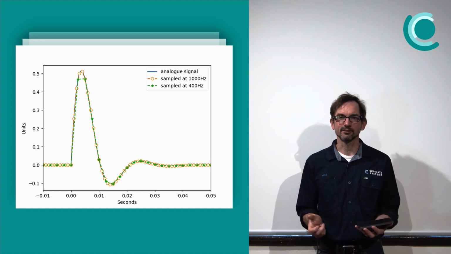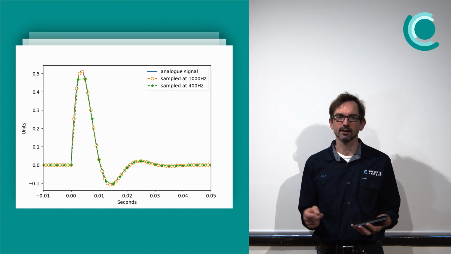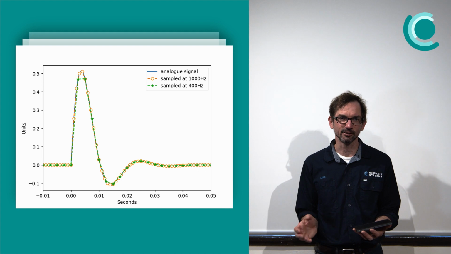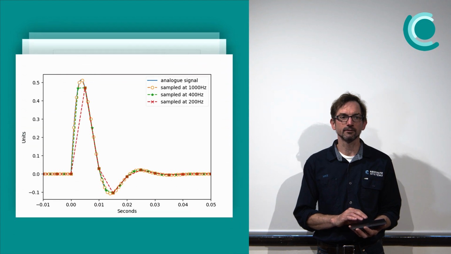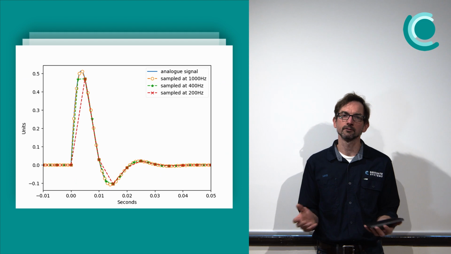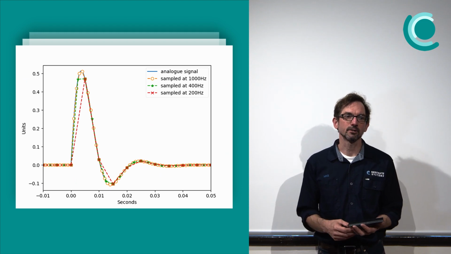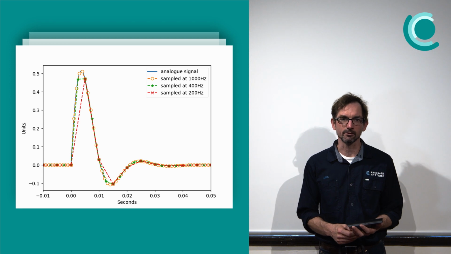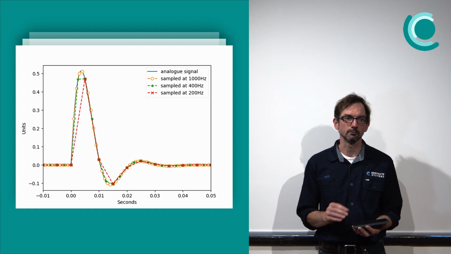Now, the way I've created these signals, we happen to have samples landing exactly on the zero crossings, but that wouldn't always be the case. So then let's go further. Let's go down to, say, 250 Hertz, which, if you were sampling a 50 Hertz sine wave, would be heaps of bandwidth, right? But in this case, we've now got 3 samples in that first peak, and we don't get the correct peak amplitude at all.